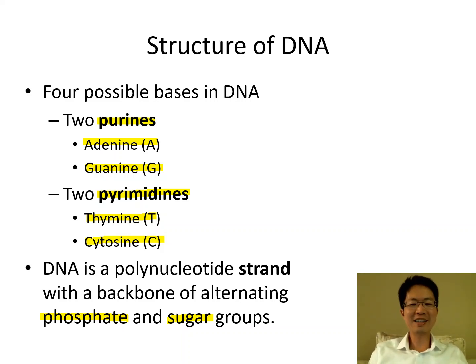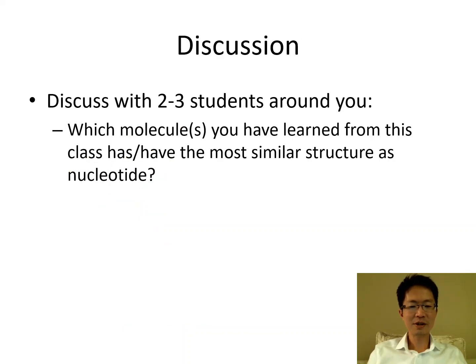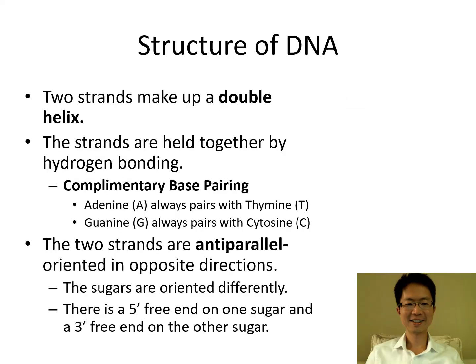So that is essentially the DNA. Don't worry, we have a picture to show you later. So I'll give you some time to think about which molecule that you have learned so far from this class has a structure more similar to a nucleotide. Well, let's continue.